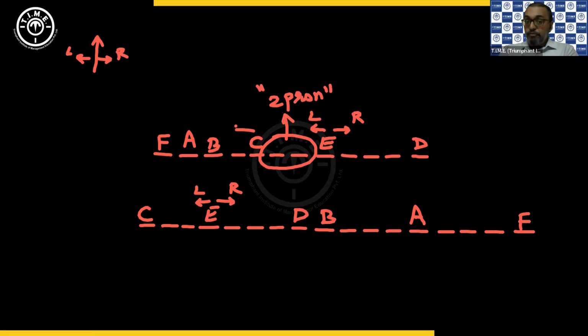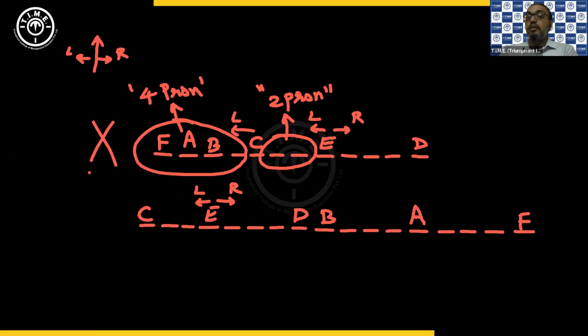But then to the left of C here, you have 4 persons. But the condition is not satisfied. The number of persons sitting between C and E should be same as to the left of C. However, in the below case, I can now add 2 more positions to the left of C. That way, my condition is now still available in the second case.